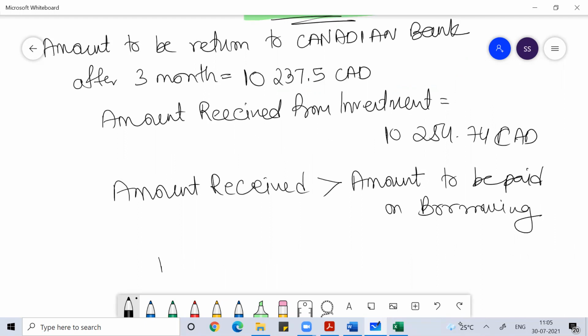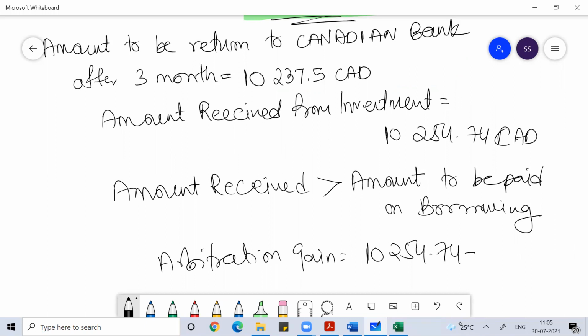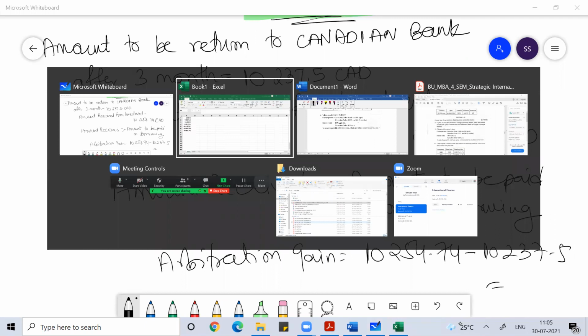I'm getting an arbitrage gain. Which is your arbitrage gain? So your arbitrage gain is 10,254.74 minus 10,237.5.